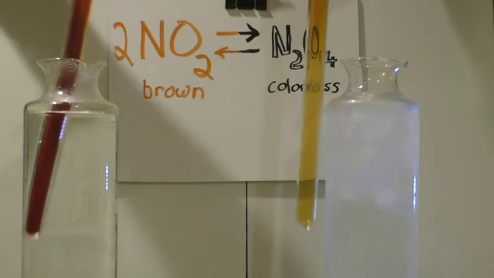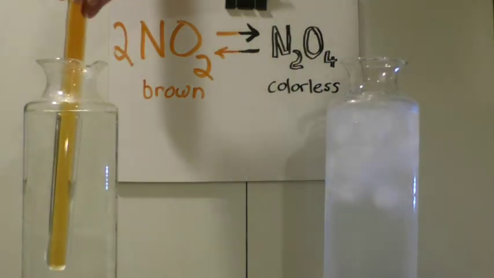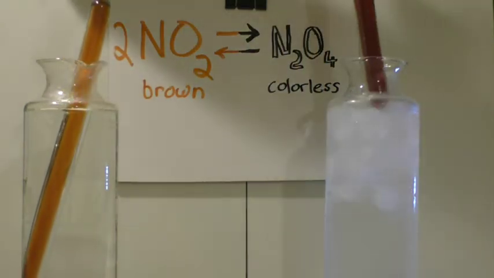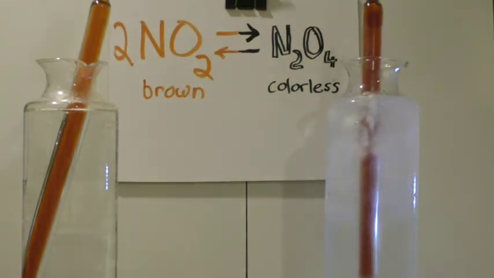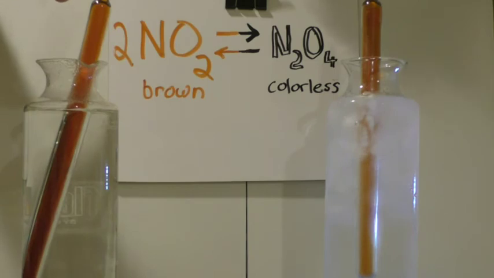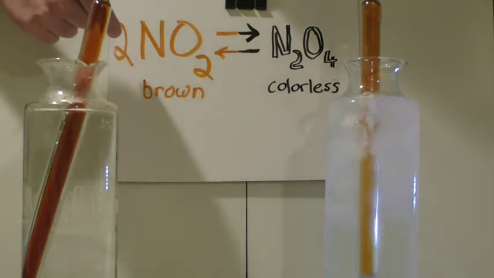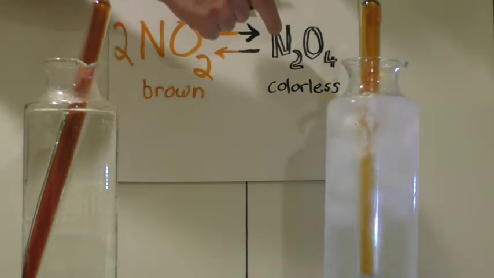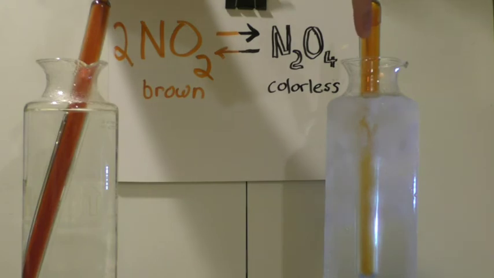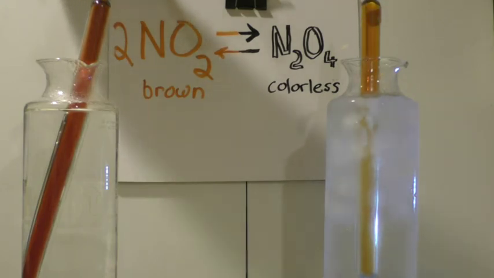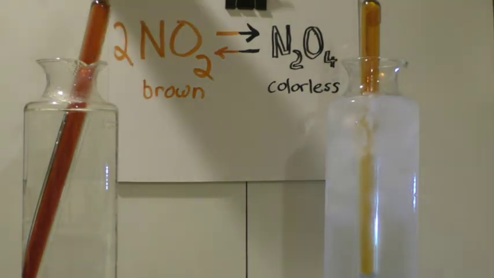But if I just swap these out, I can change those proportions. Apparently this reaction says at high temperature it likes to have more NO2 and less N2O4, and at low temperatures this reaction has more N2O4 and less NO2. And the idea that I can go back and forth and change the relative proportions is what is called a reversible reaction.